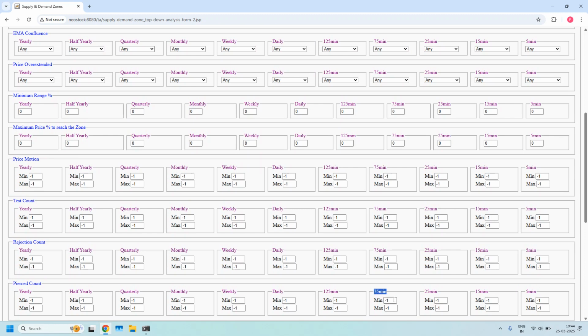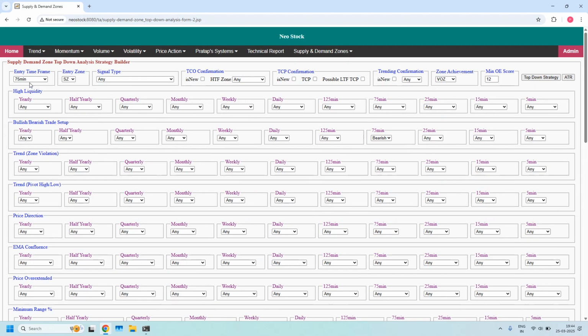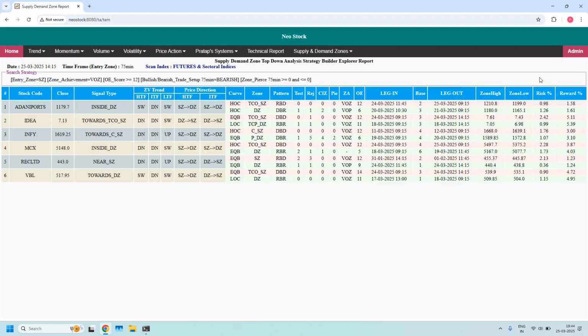At 75, minimum value 0, maximum value 0. So with these filters, all the three filters applied to 75 minutes supply zone, we got 6 stocks. These 6 stocks are currently supporting bearish trade setup for weekly income trade, and all the entry time frame zones are 75 minute supply zones.